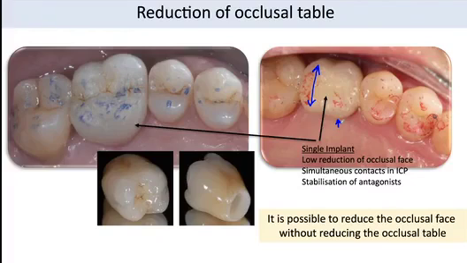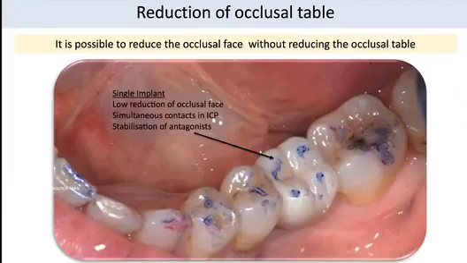This single implant here, it is the same. A little reduction of the occlusal table. Low reduction or no reduction of the occlusal table, but reduction of the occlusal face.